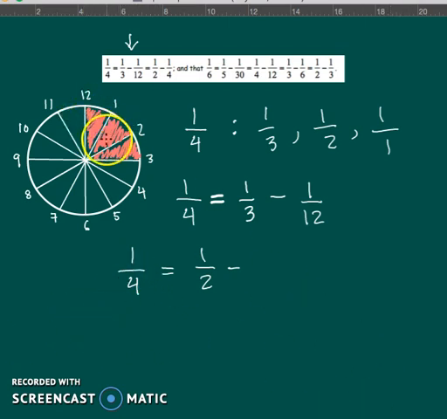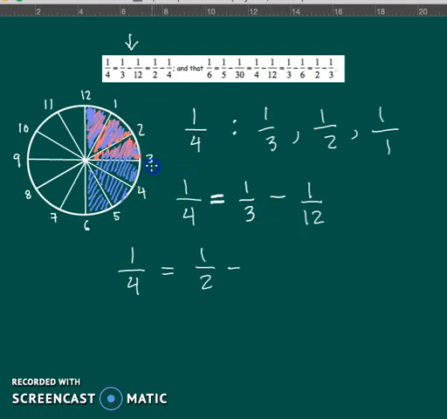So I'm going to paint in stripes over top here, over 6 slices because 6/12 is 1/2. And now the question is, how many slices do I need to subtract from half in order to get to 1/4?